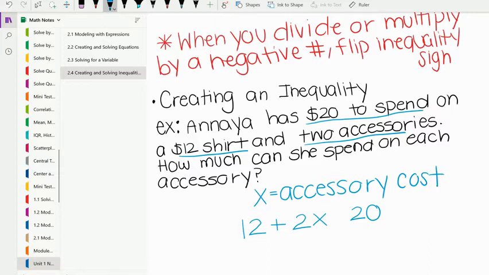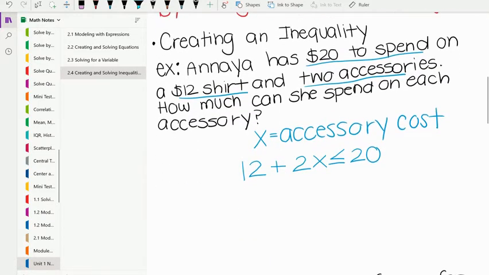But it says Anaya has $20 to spend, which means Anaya can spend less than $20 or she could spend $20. So when we're deciding what inequality, think of this as the amount of money Anaya is spending. That amount has to be less than or equal to 20 based on the fact that it says she has $20 to spend.